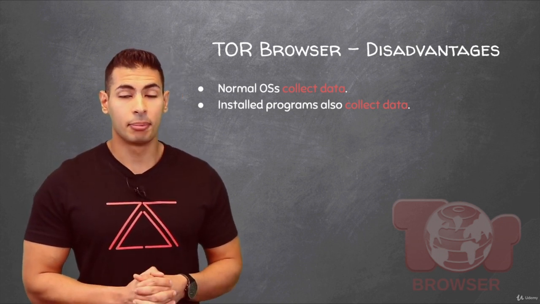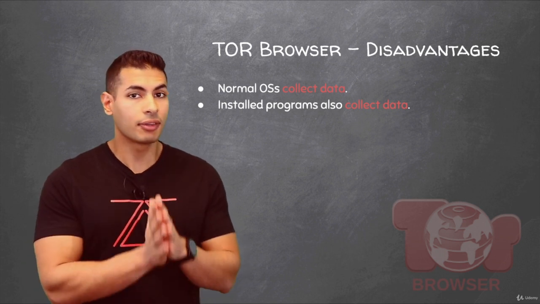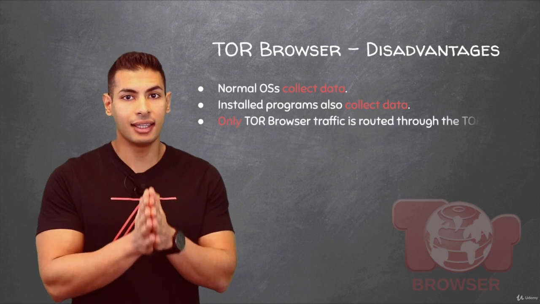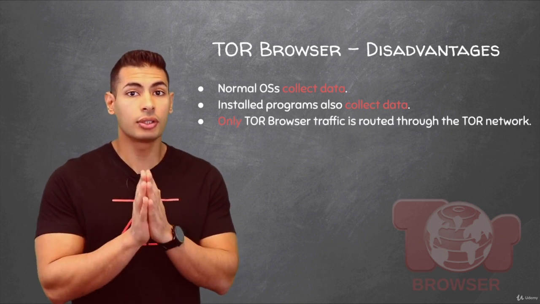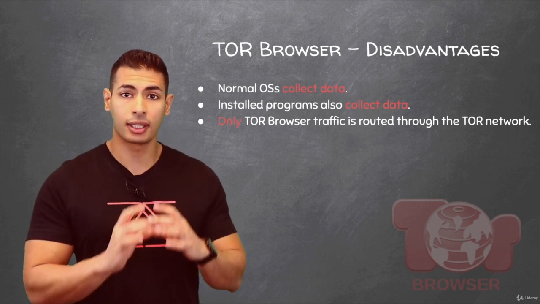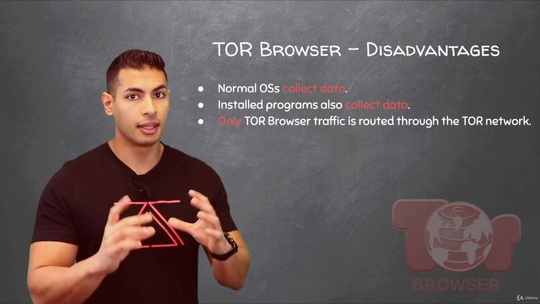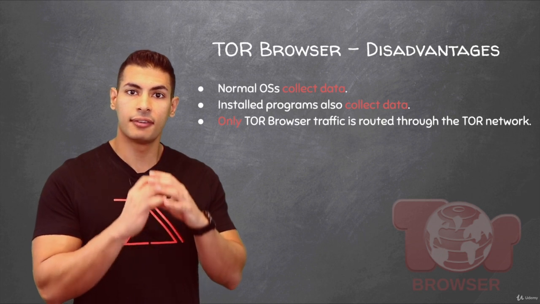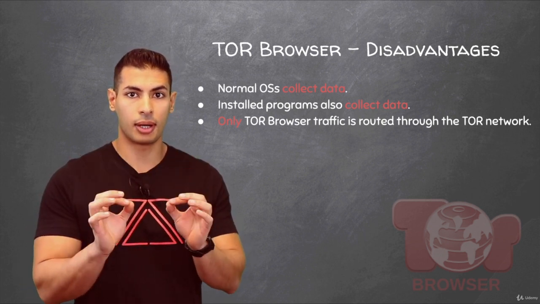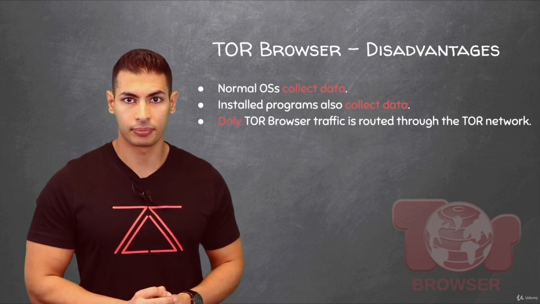Not only that, but all of the programs outside the TOR browser itself access the internet directly. They do not use the TOR network. The only program that is using the TOR network is the TOR browser. Therefore, when these programs leak information about you, they are leaking also your proper exact location.